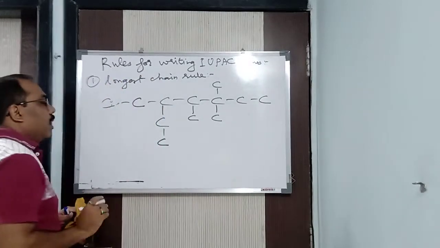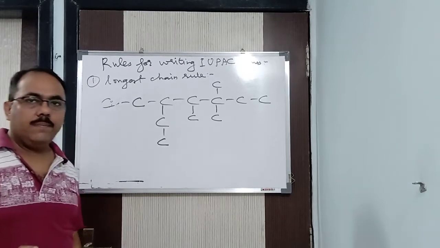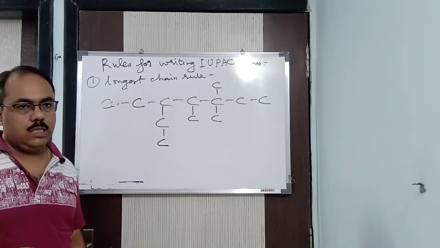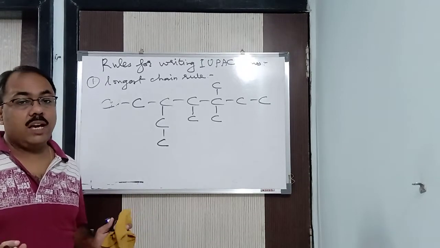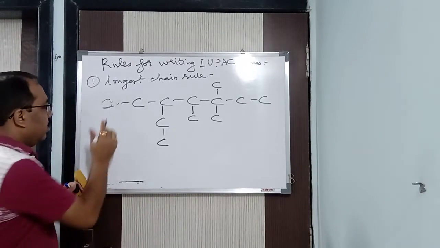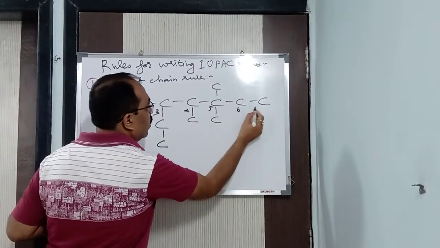I hope that part is clear. Now we will come to this particular part. What I said, that if a given compound contains two or more chains having the same number of carbon atoms, then what we will do? See here. Here it is 1, 2, 3, 4, 5, 6, 7.